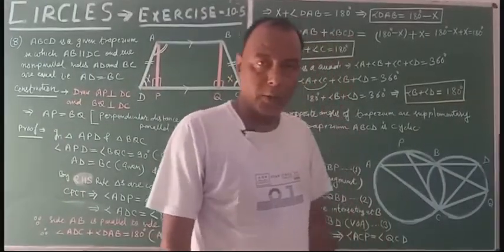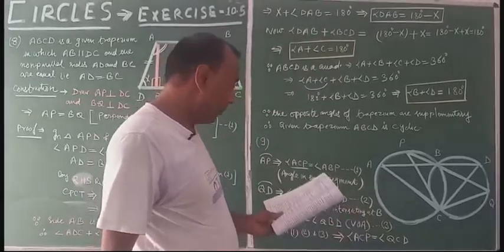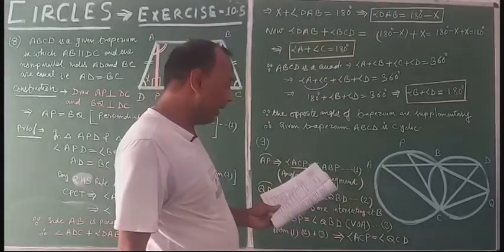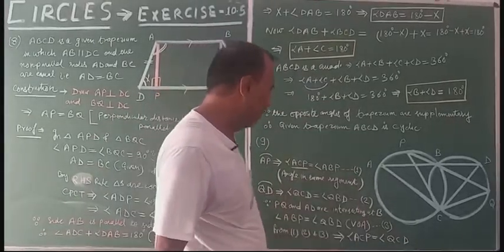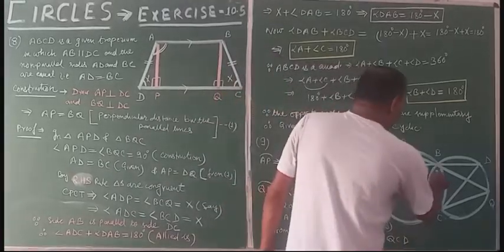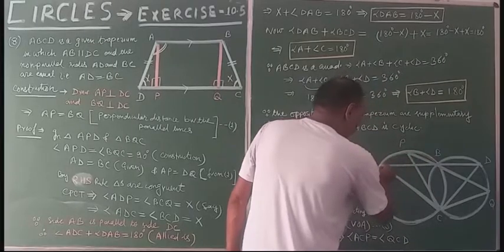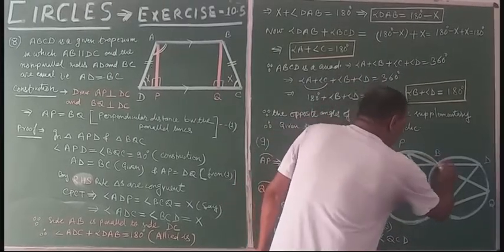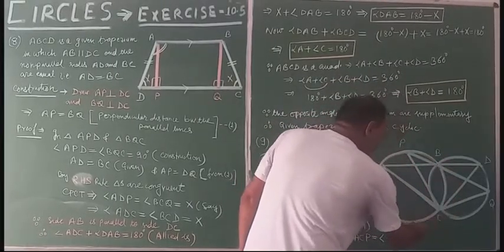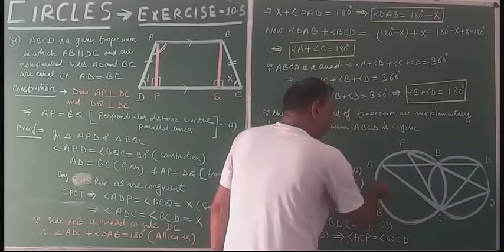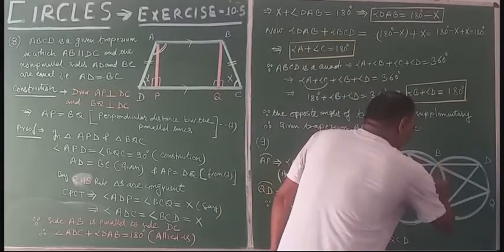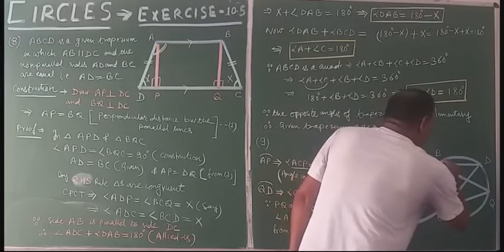Now this is question number 9. The two circles intersect at 2 points B and C. Just look at this circle and this circle. This is the smaller circle.